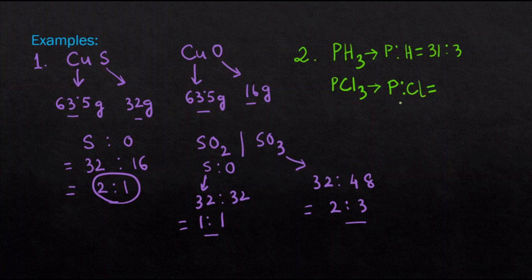So the mass ratio of phosphorus and chlorine in PCl3 is going to be 31:35.5 times 3, which equals 31:106.5.